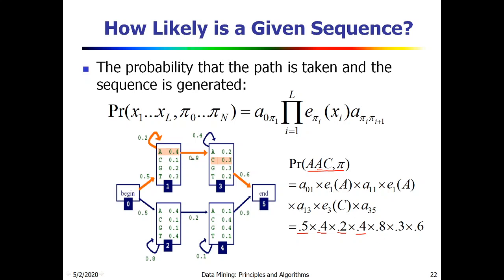Then coming to the next symbol, that is C. So C here is 0.3. For a13, the transition probability is 0.8 into 0.3, and a35, which is the ending point, has a probability of 0.6. Like this you form the product of those particular values.